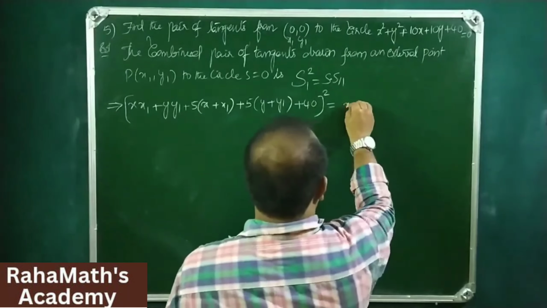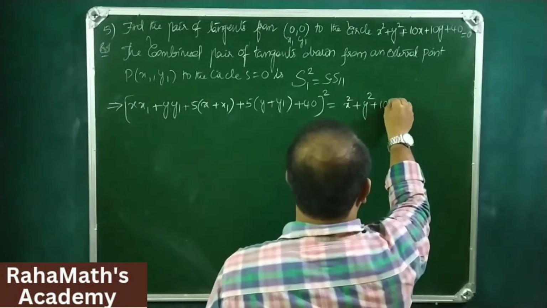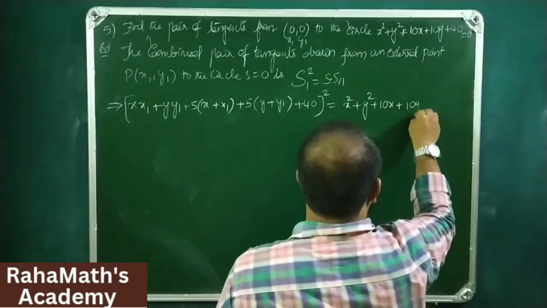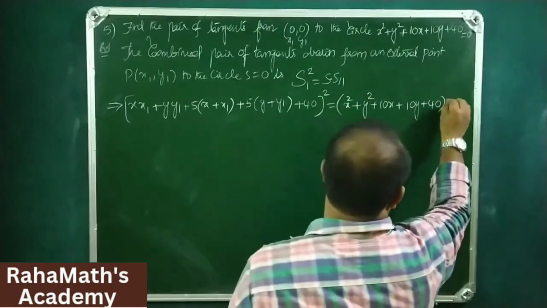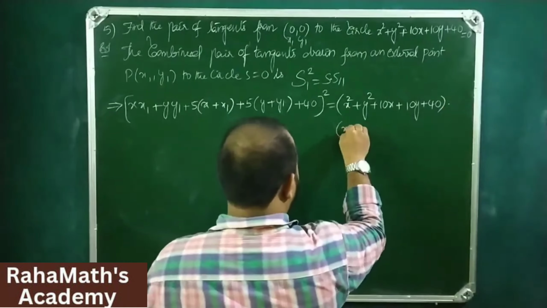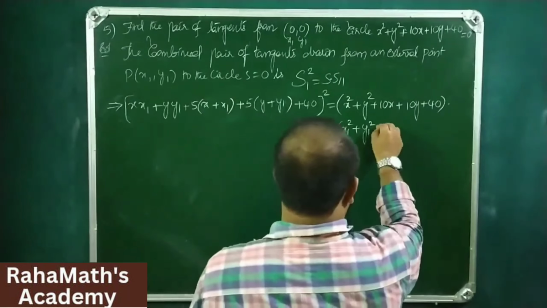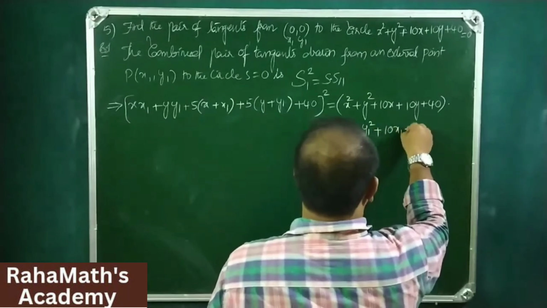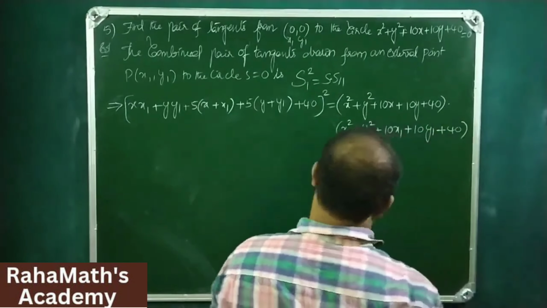So (x square plus y square plus 10x plus 10y plus 40) into S11, which is x1 square plus y1 square plus 10x1 plus 10y1 plus 40, equals 40.